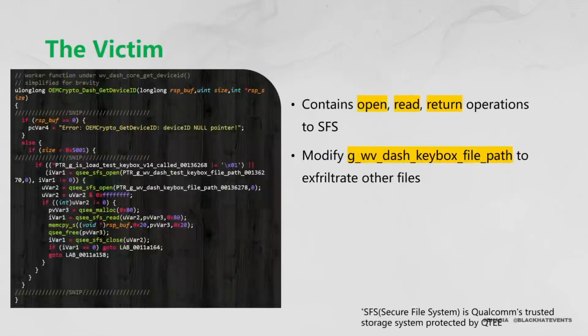Here is the victim. The getDeviceID function will open and read content from an SFS file and copy its content to a malloc'd buffer.